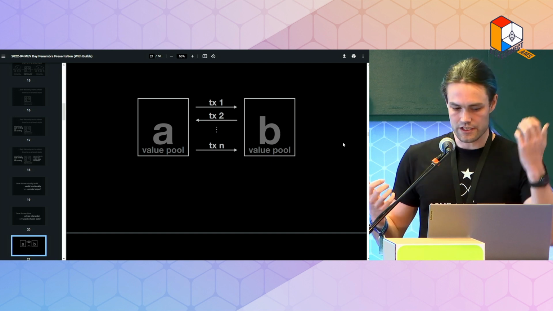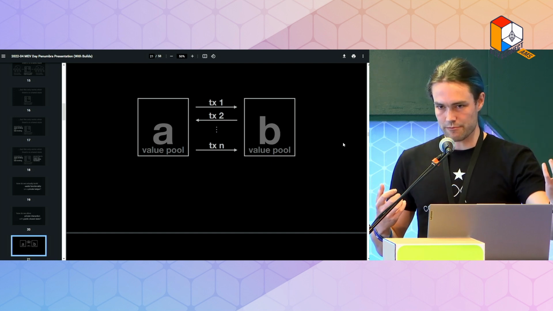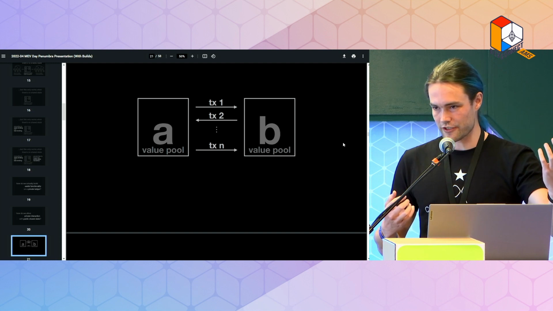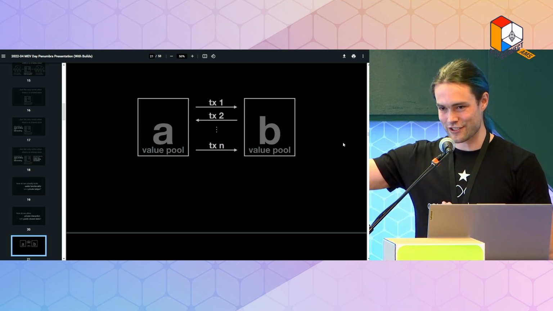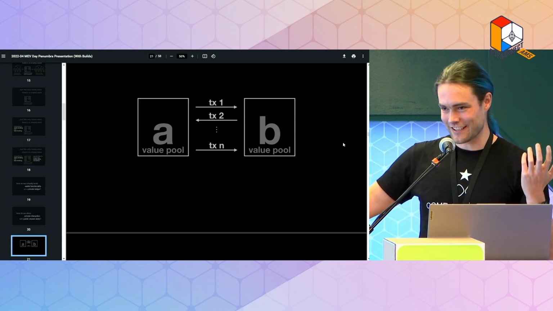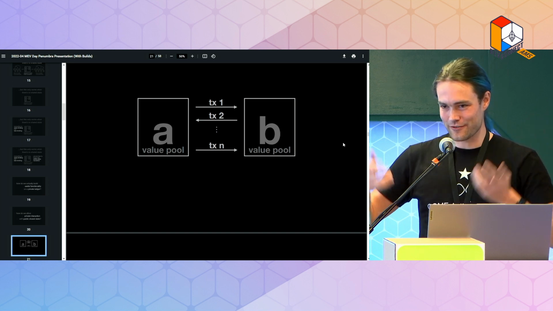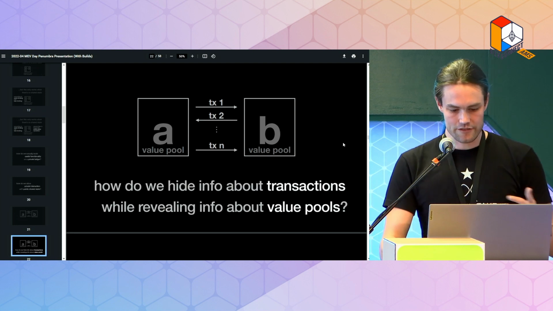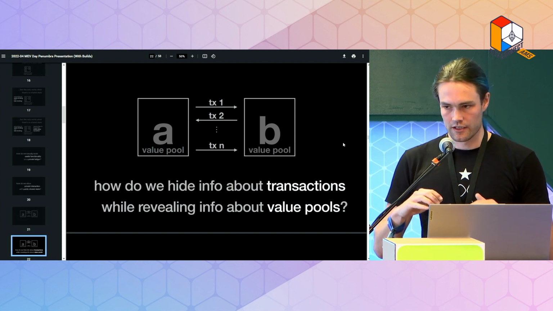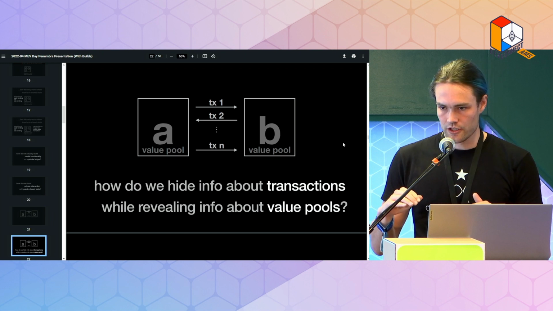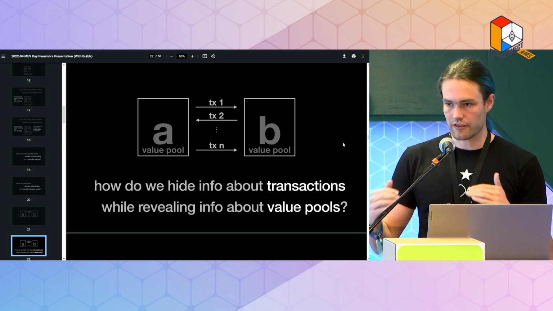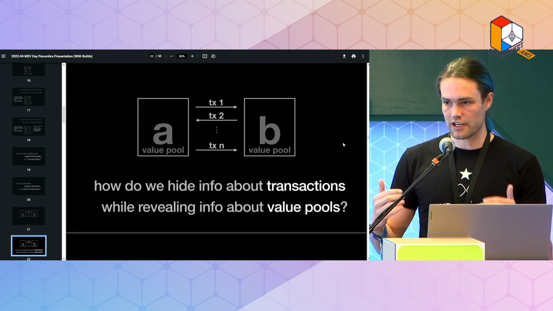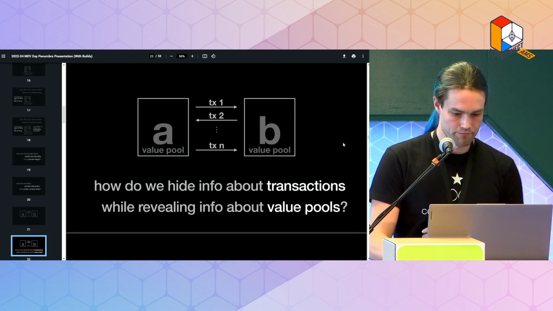Because if you can see, oh, the total was this before the transaction, and then after the transaction it increased to this amount, you just do a subtraction and you figure out exactly what the transaction did. And so we have this problem of how do we hide the individual values while still revealing the aggregation of everybody's private interactions?